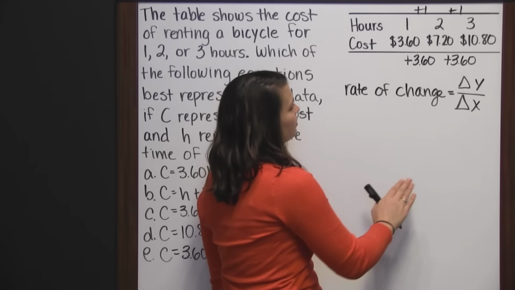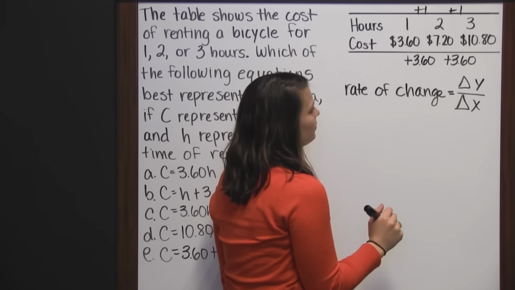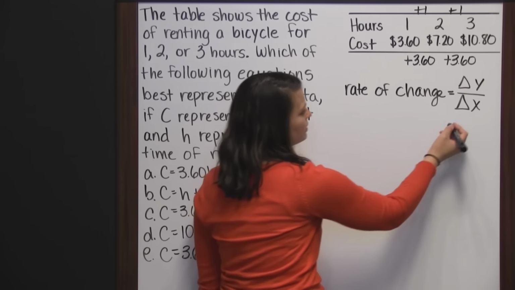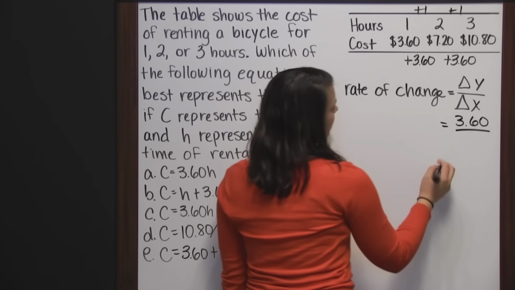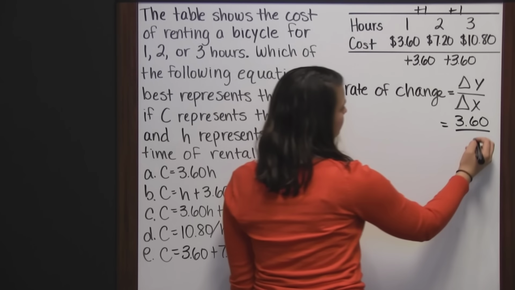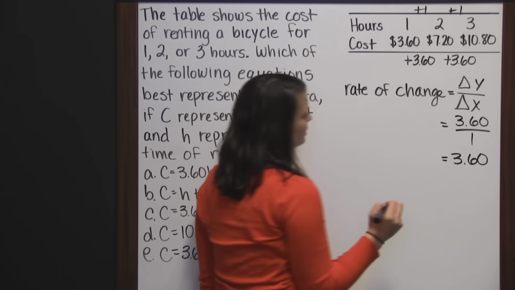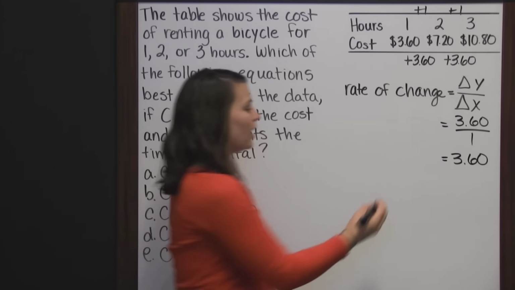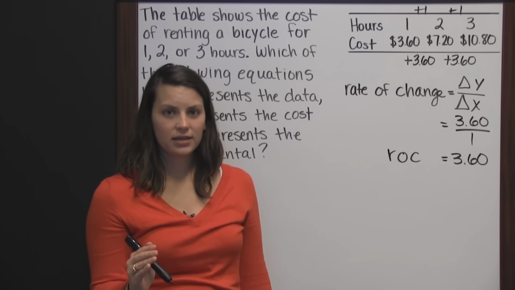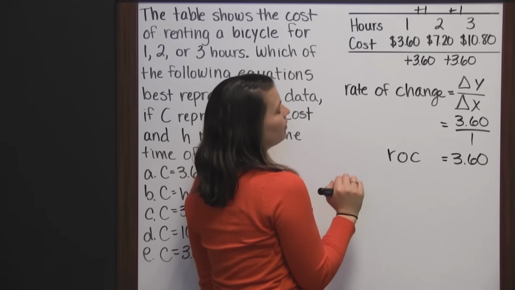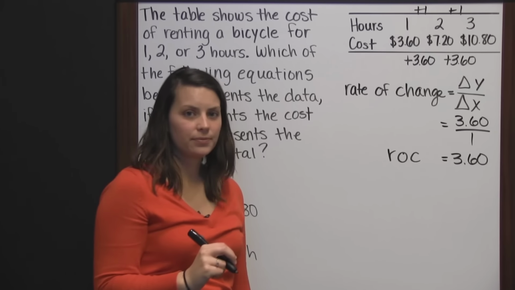We've already established that our cost is dependent, therefore our cost is our Y. We've already found the change in Y, it's $3.60, divided by the change in X, 1. So our rate of change is simply $3.60. And that rate of change is what you're multiplying the independent variable by to get the dependent variable.